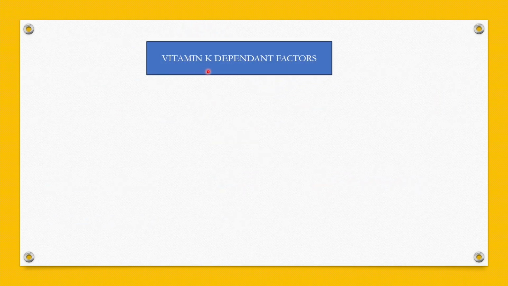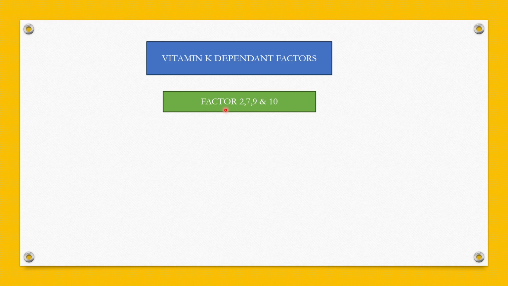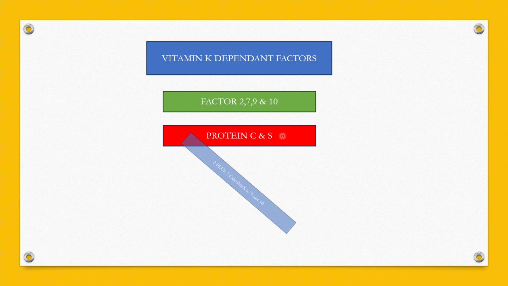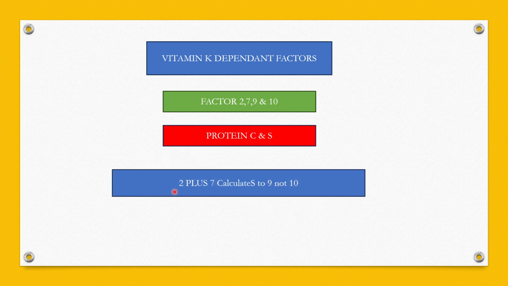Now, what are the vitamin K dependent factors? These are factor 2, 7, 9 and 10, and protein C and S. How do you remember this? We remember this by this mnemonic. 2 plus 7 calculates to 9, not 10. So 2, 7.